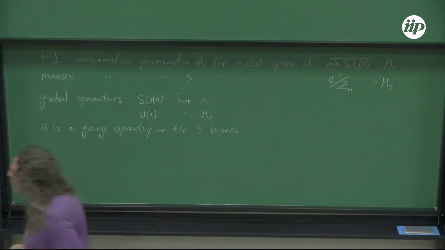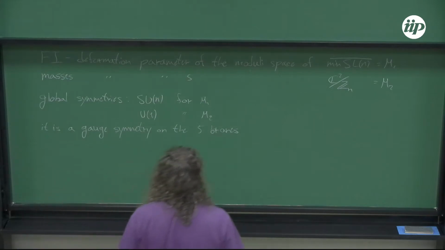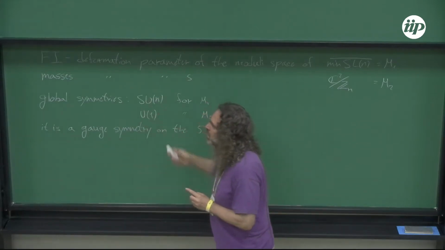So let us go back to this picture. In this picture, I have n D5 branes, which can be coincident. When they are coincident, I'm going to get a U(N) gauge symmetry living on the world volume. Out of this U(N), only SU(N) will interact with the fields on the 3 brane, and that's why I get this SU(N) global symmetry.